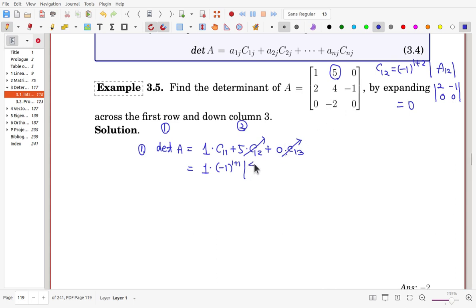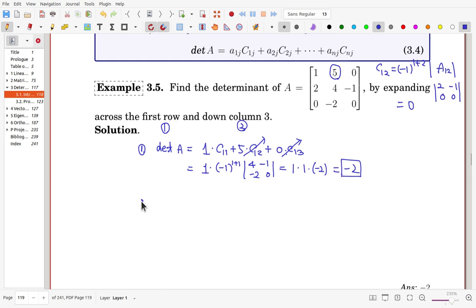So the determinant of that one is 0 minus the multiplication, which is 2, so 0 minus 2, so minus 2. And 1 times minus 2 is minus 2. That's the determinant of the matrix.